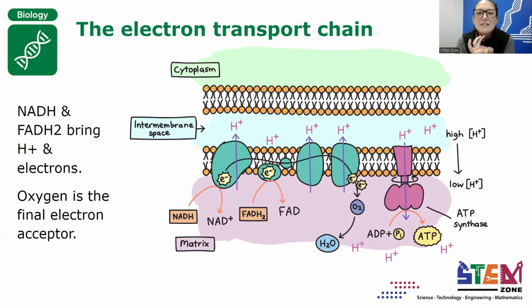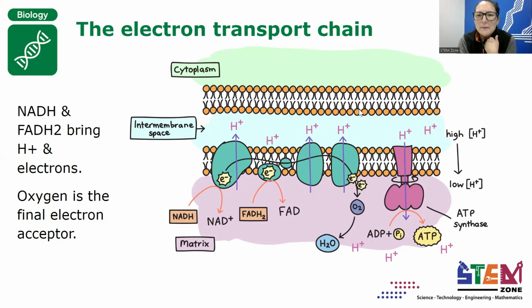They spread out until they're evenly spread out. But hydrogen ions can't just cross the membrane through the phospholipid section because they're charged. They're a charged ion. They can't just go through lipids. The only way back through to reach equilibrium is through ATP synthase, a protein embedded in the membrane there.